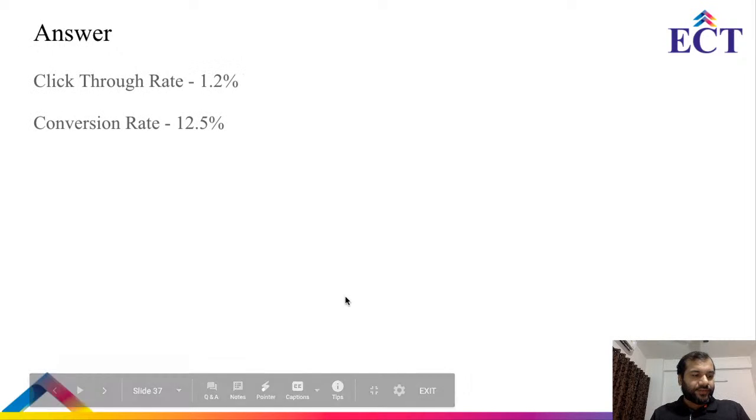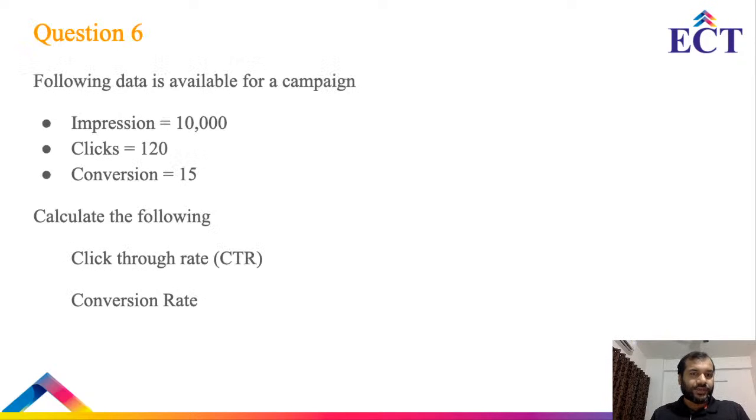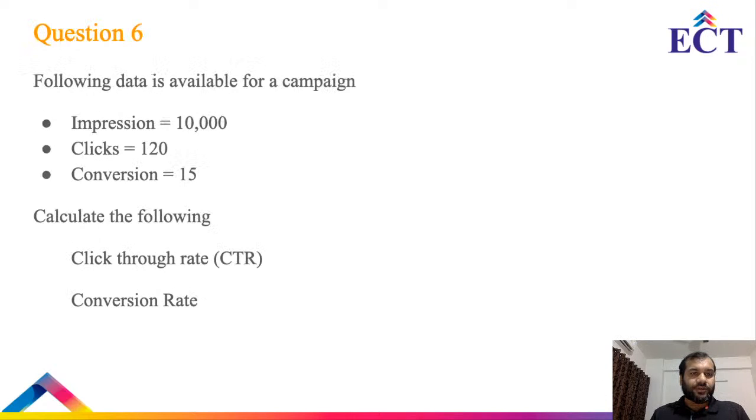Okay, so the final answer is, click-through rate is 1.2%, which is, we divided 120 by 10,000, and conversion rate was 12.5%, that we divided 15 by 120, that becomes the conversion rate, right?